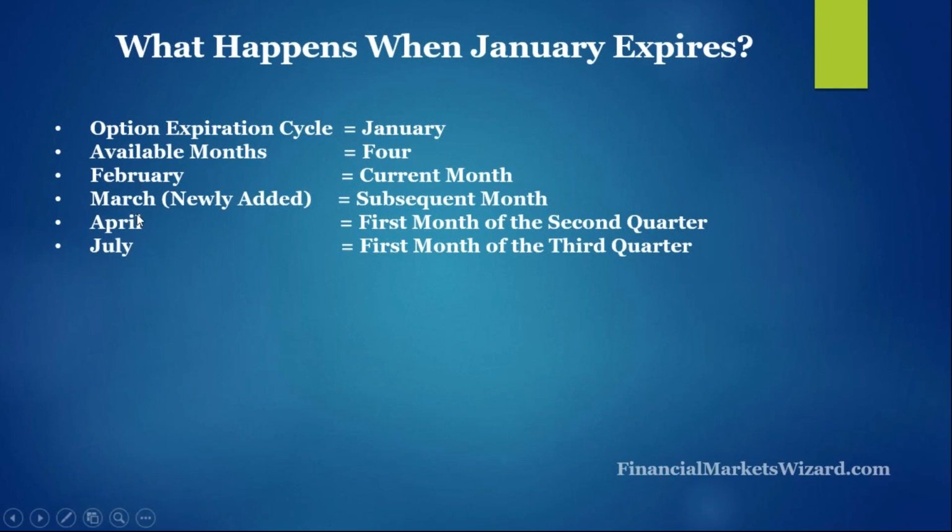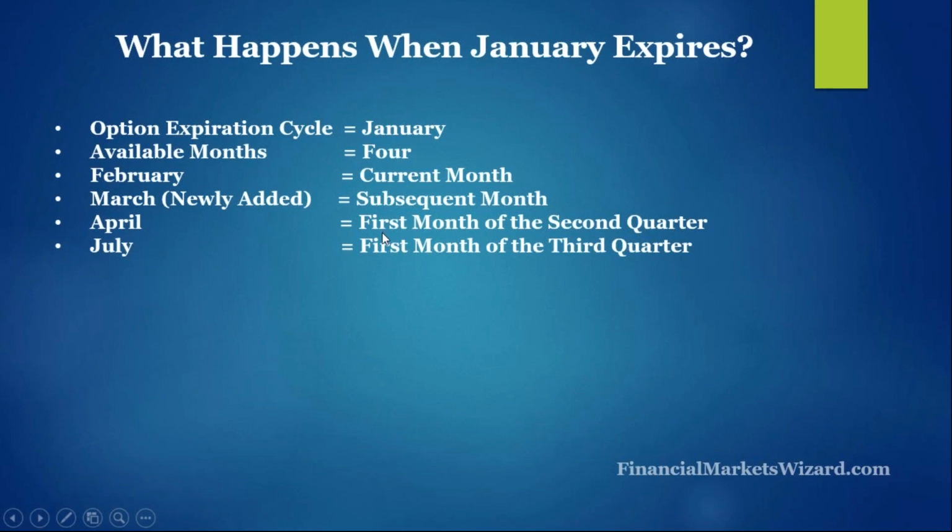Because we always need a subsequent month, March will be added. So on Monday, the first trading day after expiry, you will see a new month added, which will be March. So again, we will have 4 months available: February, March, April, and July.